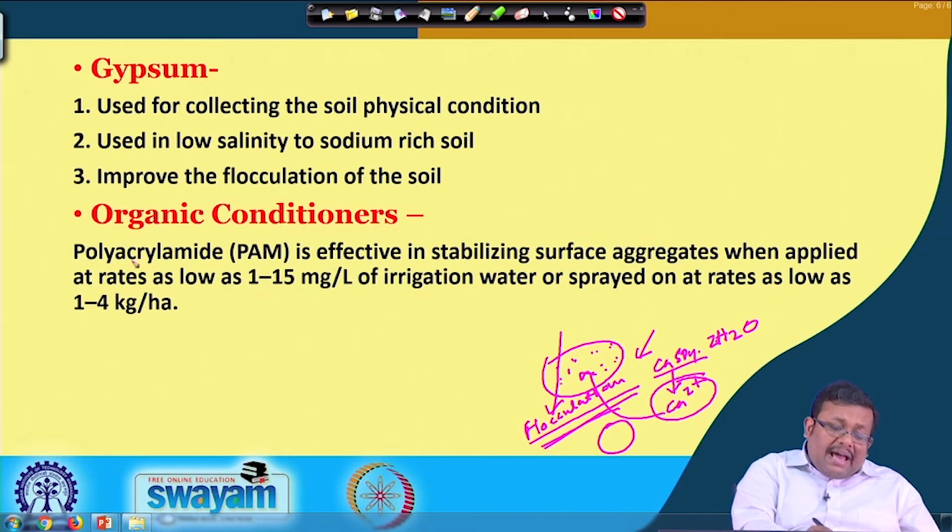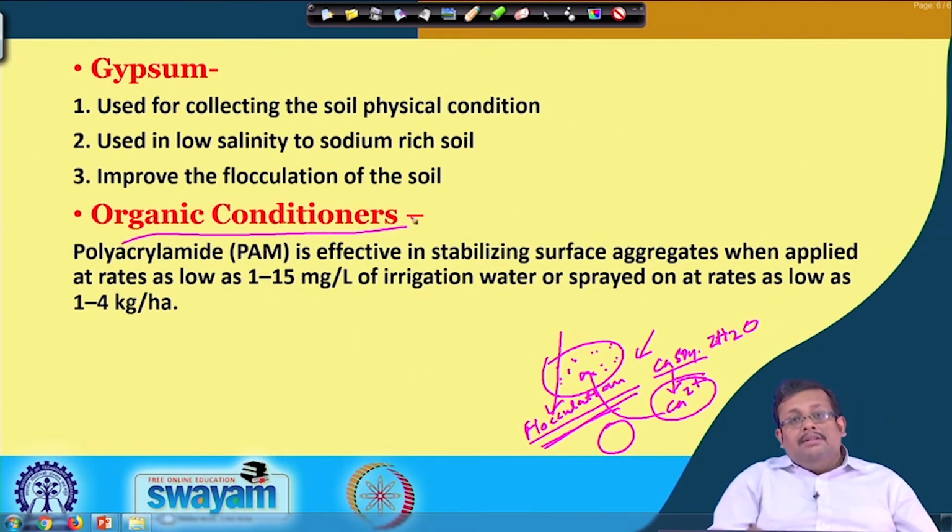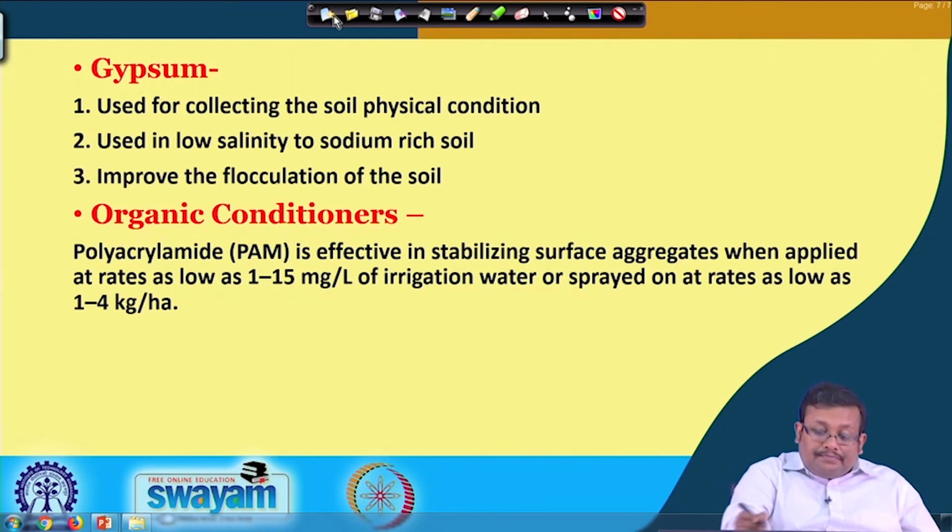So when we apply these organic conditioners, they also help in producing better stabilized soil structure, and as a result of stabilized soil structure, obviously the porosity will be maintained, and as a result better air movement and water movement will be ensured. So, these are some soil conditioners.